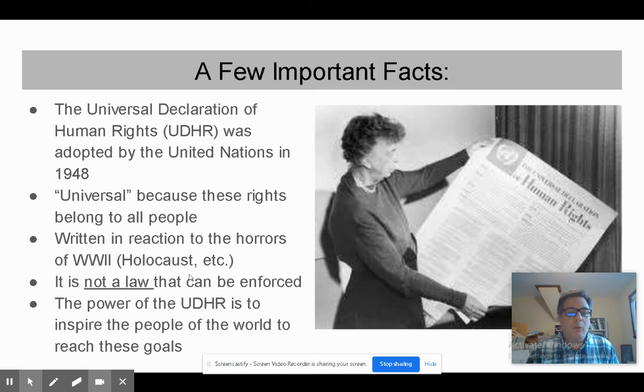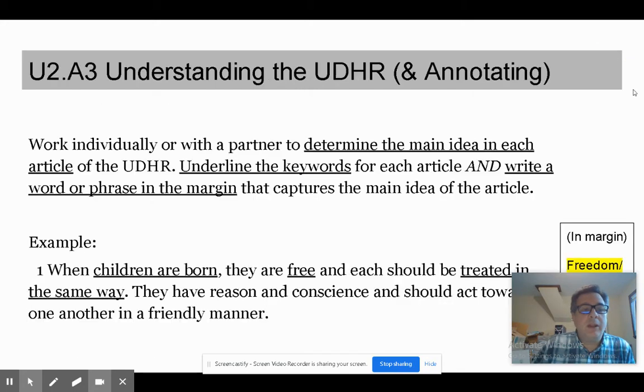And when people put pressure on leaders all over the world to respect these rights, the hope is that, in fact, these rights will be respected. Okay? If leaders, whether their intentions are good or bad, know that the people are demanding something, they have to listen. And hopefully they act properly as well. So those are a few things about it.